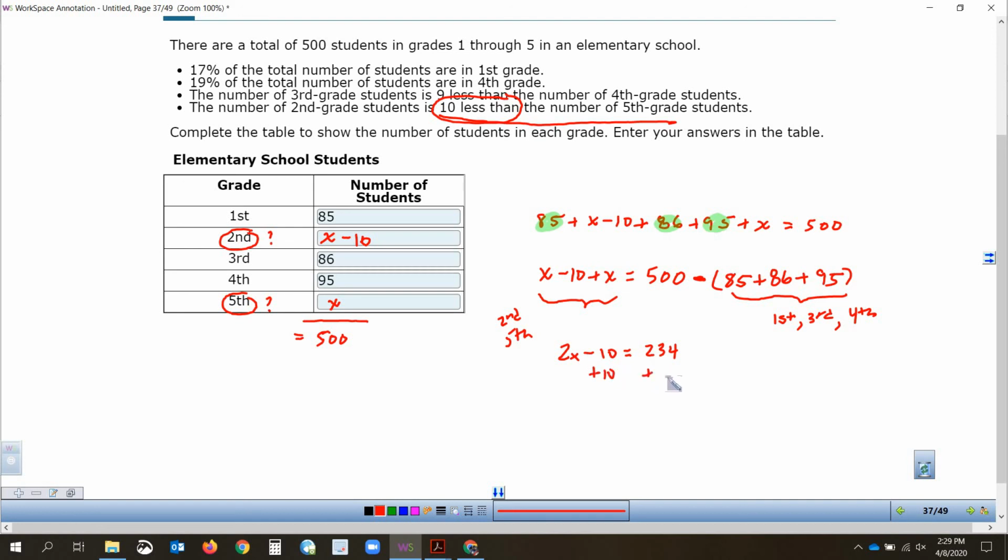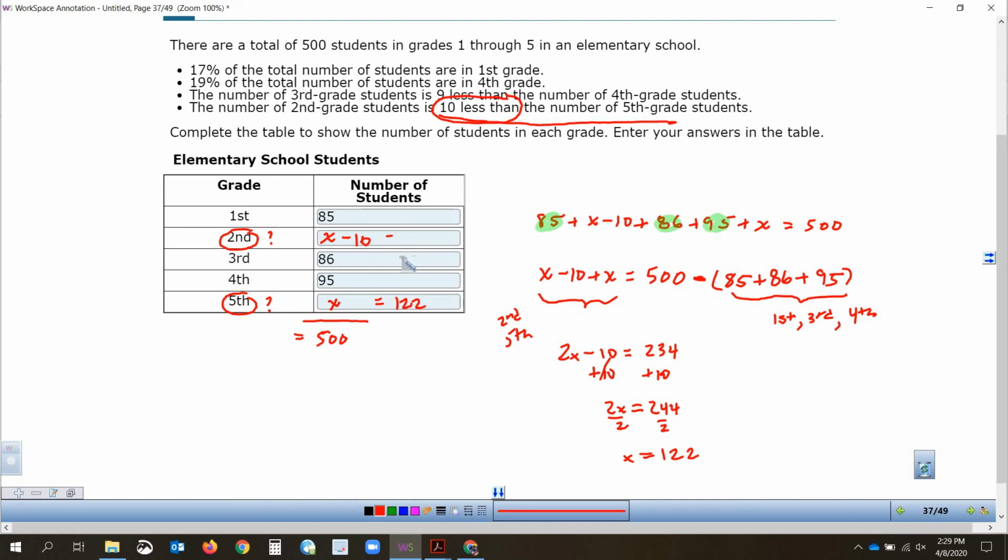It is adding 10, right? 2x equals 244. And I hope you don't need a calculator to divide that, right? 244 divided by 2 is 122. So what am I saying? I'm saying that the fifth grade class has 122 students.